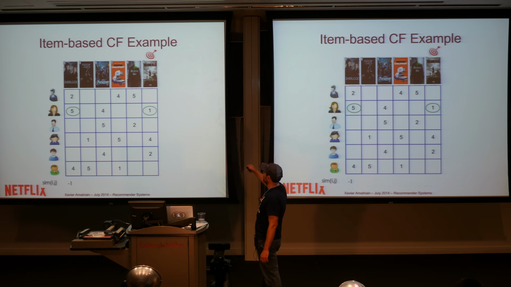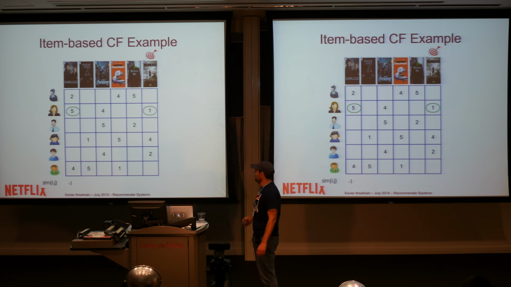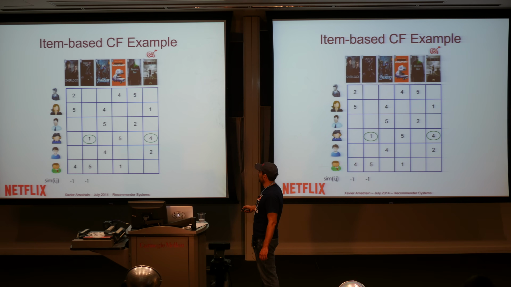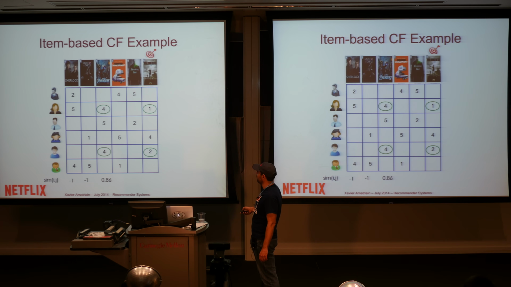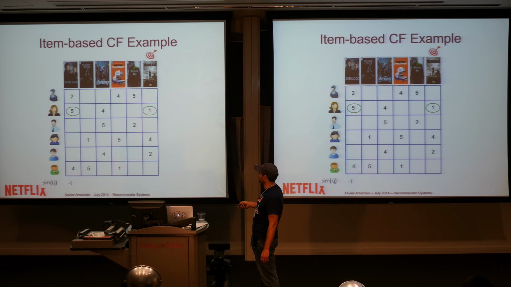So what I'm trying to do here, my target item is this one, The Walking Dead. So now, instead of having a target user, I have a target item, right? I'm trying to find the similarity between this item and this item, okay?